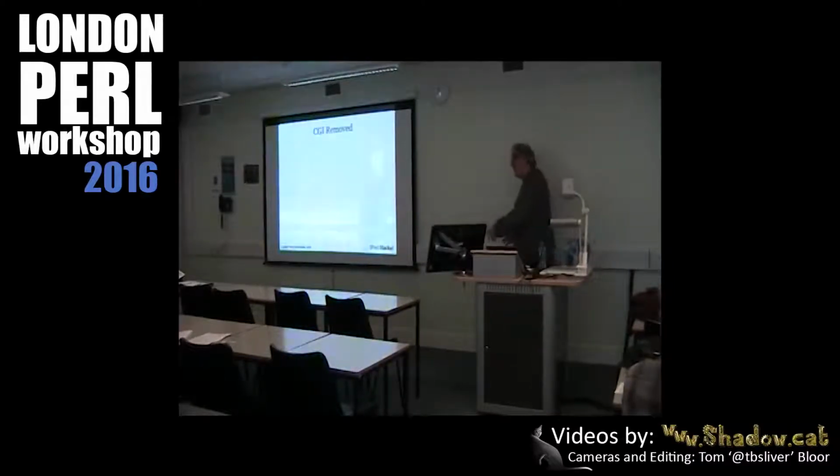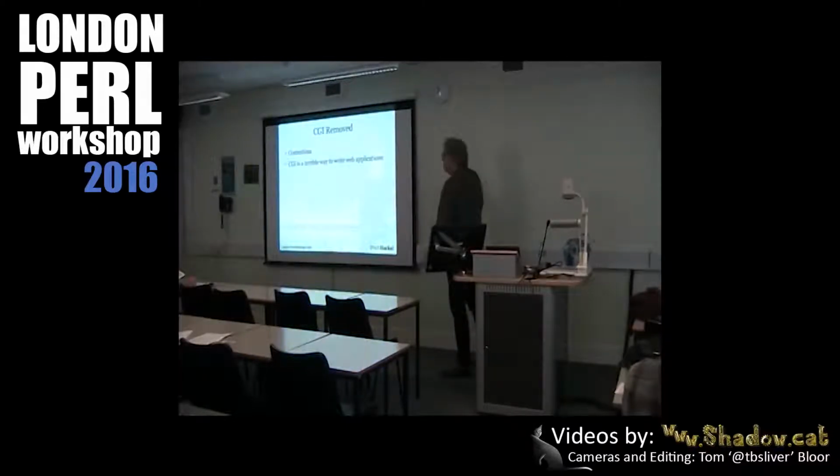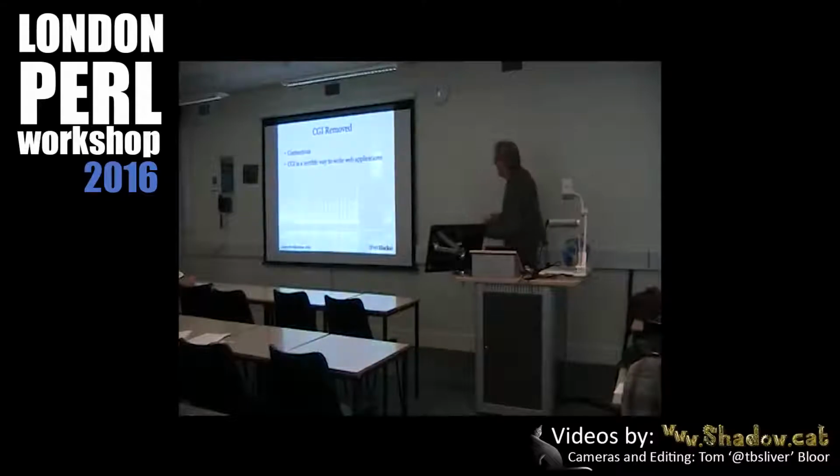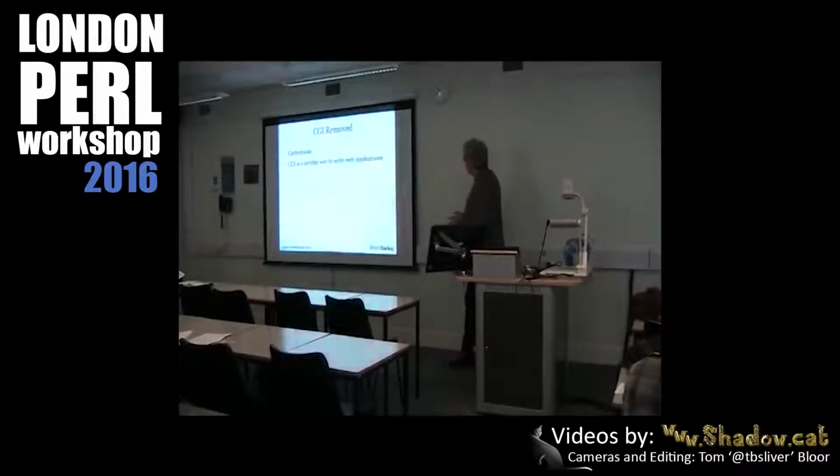People care that this is gone. And I'm not going to open the whole discussion can of worms because we could be here for 10 hours. It's a contentious move. But I hope we all agree that CGI is now a terrible way to write web applications. You never gave your CGI.pm is dead talk here, did you?